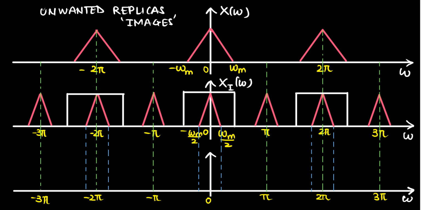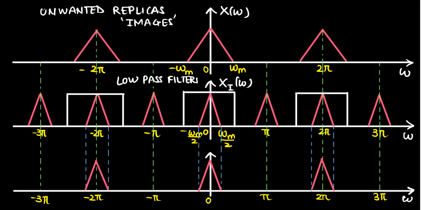If we consider this low pass filter, then the output after this filtering operation would be the replicas that are available only at integer multiples of 2 pi, that is at omega equal to 0, then at omega equal to 2 pi, and then at omega equal to minus 2 pi. So something like this.